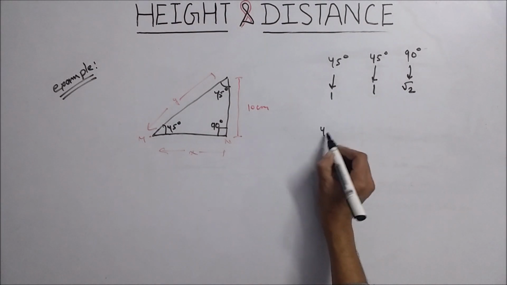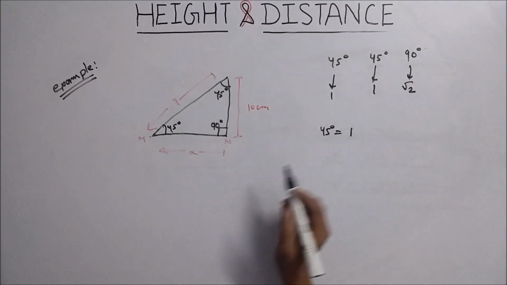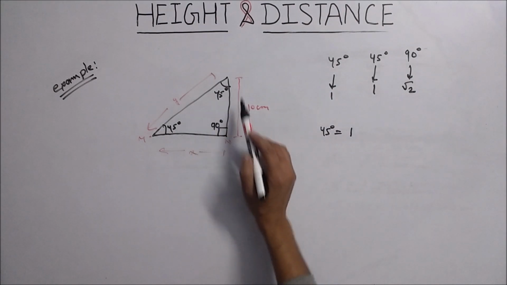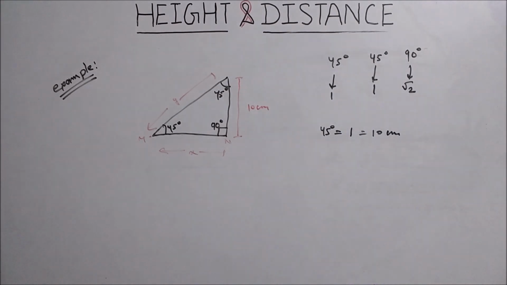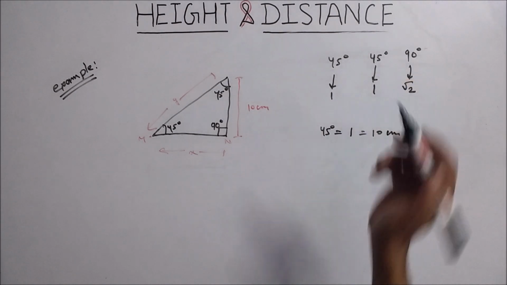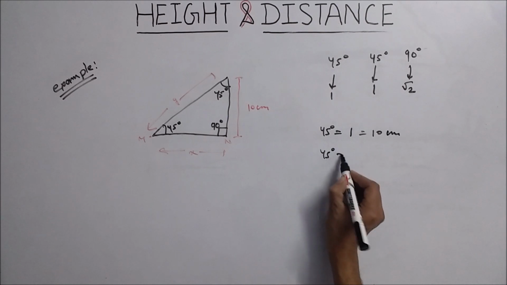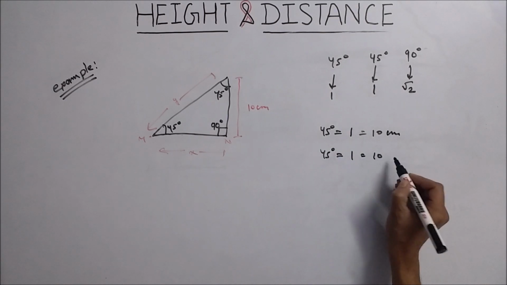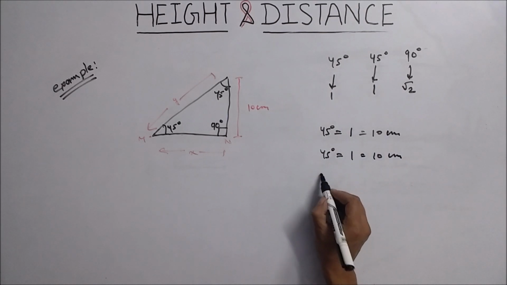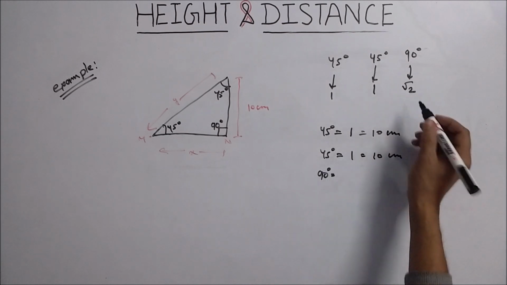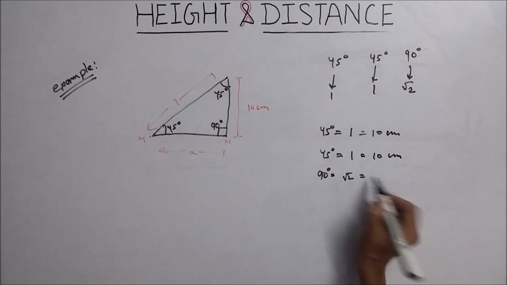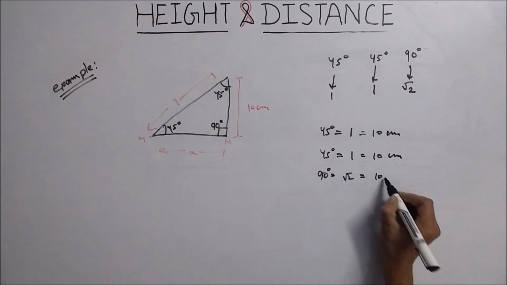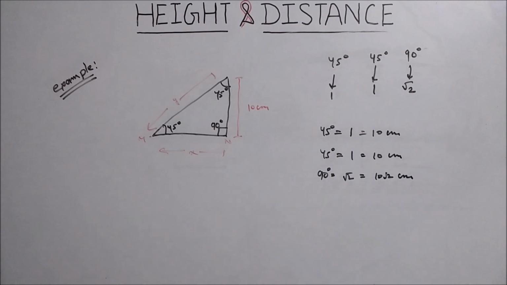The value of 45 degree is 1, and we also know here the side opposite to 45 degree is 10, so 1 is equal to 10 centimeter. Again, if we're talking about this 45 degree, this is also 10 centimeter. If we're talking about the 90 degree, the value here is root 2. When one part is equal to 10 centimeter, then root 2 part is equal to 10 root 2 centimeter.